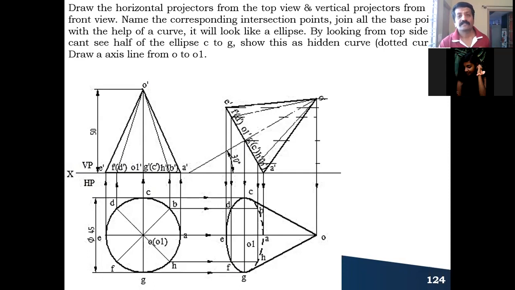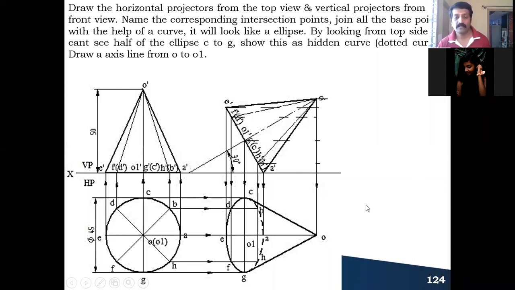What you have to do is draw a tangent to this ellipse to the vertex or the apex point like this. Okay, so this is how you have to draw the top view. The base half of this cone you cannot see. That's why the half of the ellipse you have to represent with the help of the hidden edge.